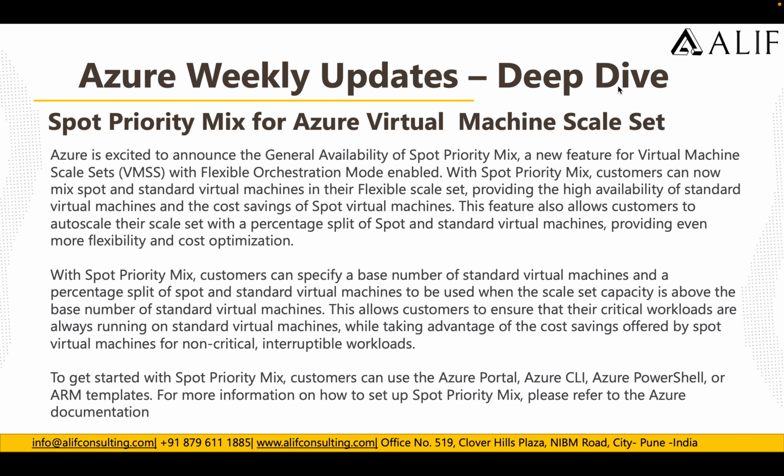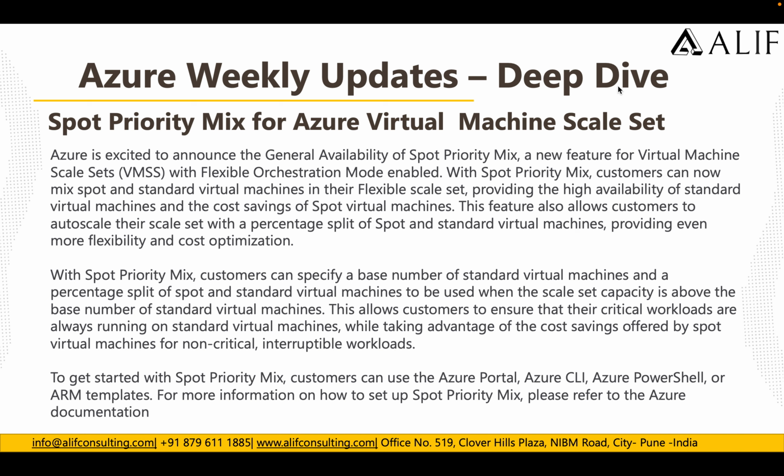The next update which we have is for Azure virtual machine scale set. We have a new option for VMSS, called spot priority mix. Now, as we know, we had an option called spot VM earlier, and spot VM can be used with the Azure VM scale set to reduce or optimize the cost, right?